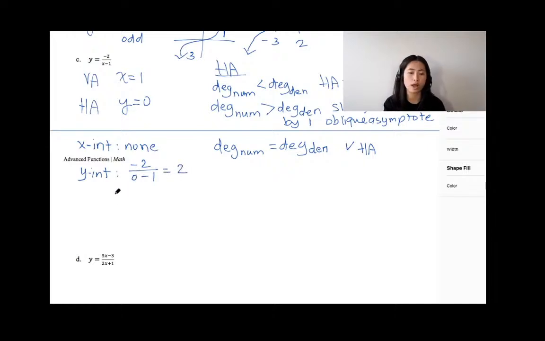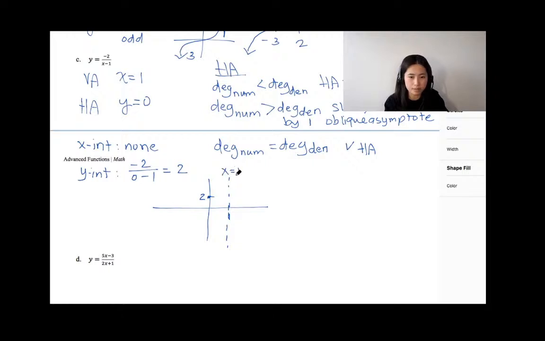So if your y-intercept is equal to 2, you're going to have a y-intercept here at 2. The vertical asymptote is at x is equal to 1. Okay, you get what I mean. There we go, this is 1. And then you're going to see that y is equal to 0.